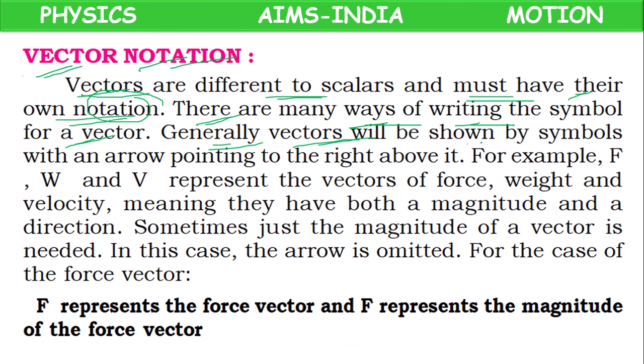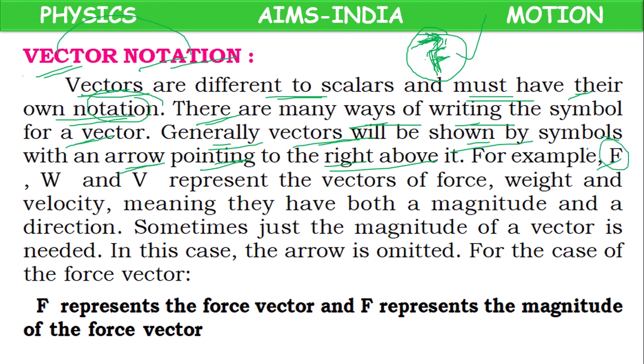Generally, vectors are shown by symbols with an arrow pointing to the right above them. Suppose force is a vector, it will have an arrow above it pointing to the right. A line with an arrow mark represents that it is a vector.